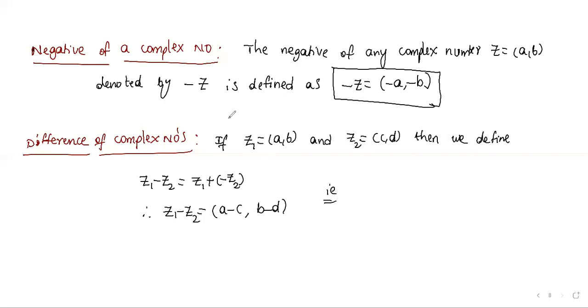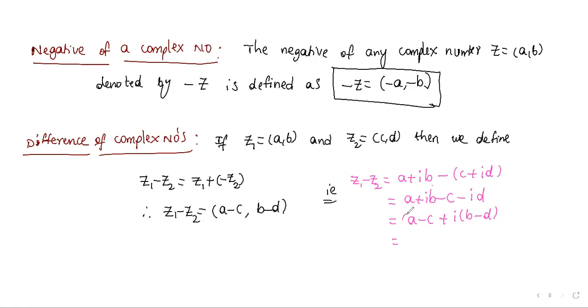Let us see how this can be written. Z1 minus Z2, that is equal to Z1, which is a plus ib, minus c plus id. Okay, a plus ib and the ordered pair a comma b are the same. That is equal to a plus ib minus c minus id. Real part a minus c plus i into b minus d.